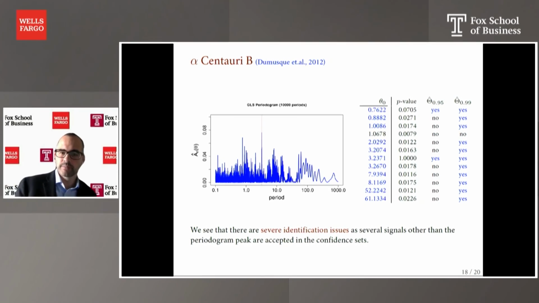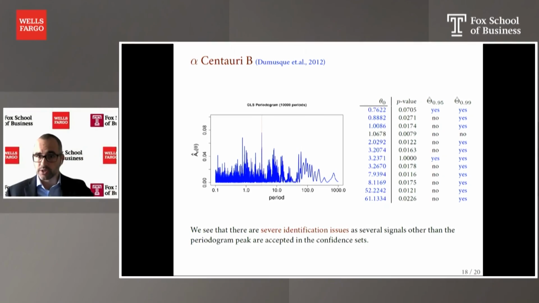Now, as you can see on the right, the 99% confidence set includes many different candidate period values. Even more concerningly, period values around 1 day cannot be rejected. So it's very likely that this signal, this discovery, is spurious. Or at least there's not enough evidence to declare significance yet.